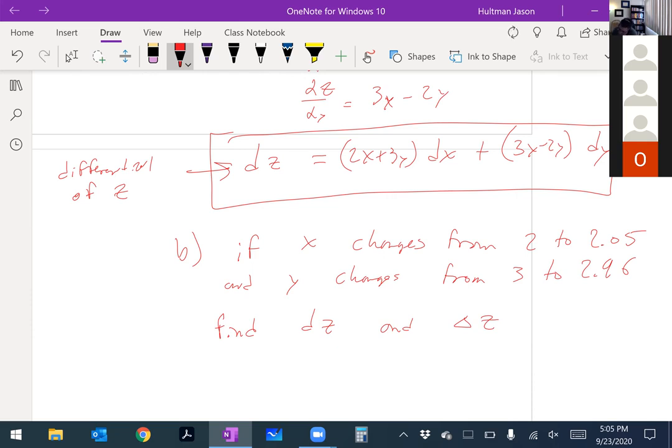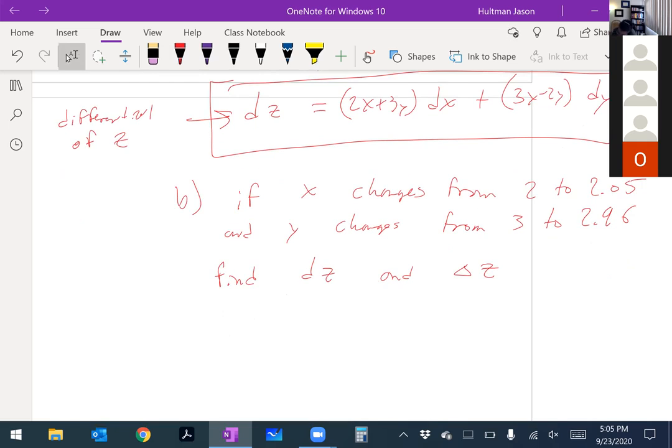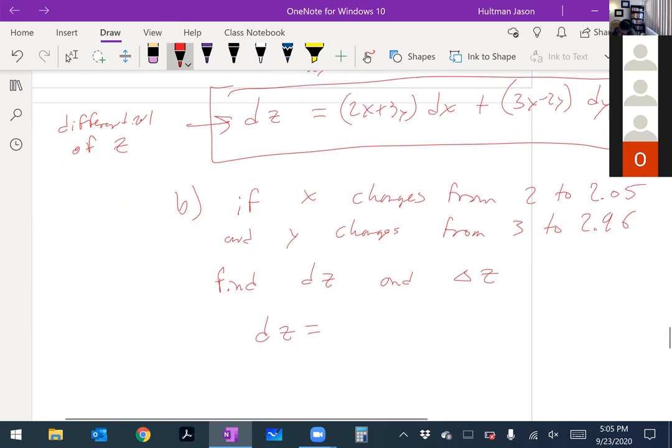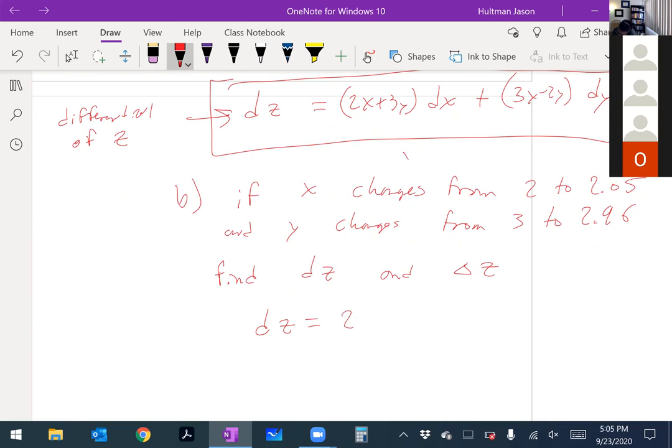So what's dz going to be? Well, we just calculated that out. dz is equal to 2x, so 2 times, think of this xy as 2, 3, right? And then we're changing from 2, 3 to 2.05, 2.96. So the differential with respect to z is going to be 2 times 2 for x plus 3 times 3 for y, times the change in x.